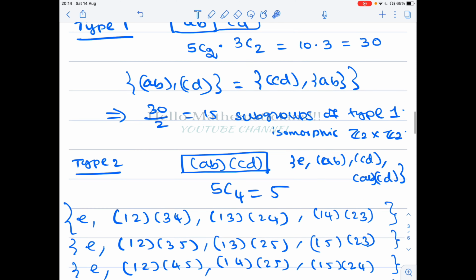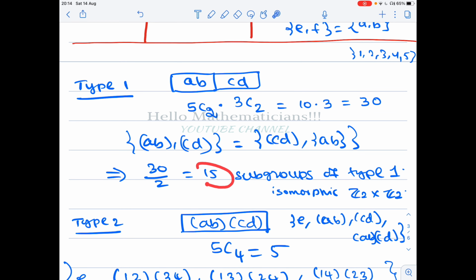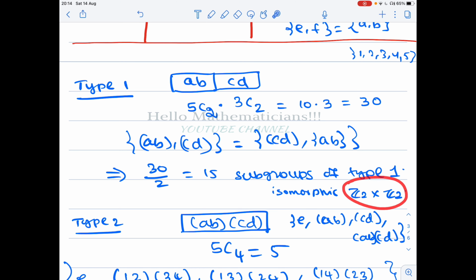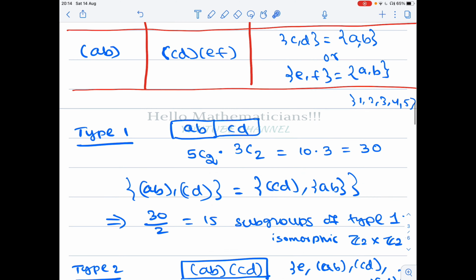So this count of 15 gives me the number of these sets. With each set, I add the identity as well as the product of these two cycles. That will give me a subgroup isomorphic to Z2 cross Z2. So in type 1, there are 15 subgroups.